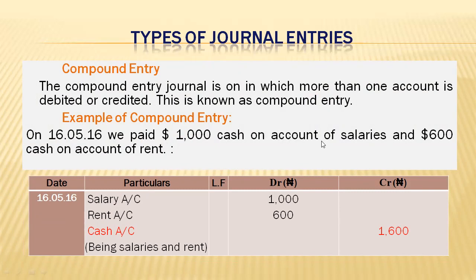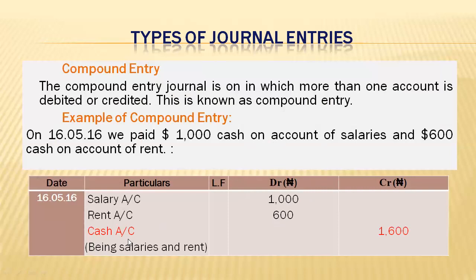If we are paying for salaries, of course, the salary account will be receiving, and so we debit. The same thing with rent account. If we are paying rent, rent account will be receiving, so we debit rent account. So you can see we have debited both salary account and rent account. But what did we pay with? We paid with cash.